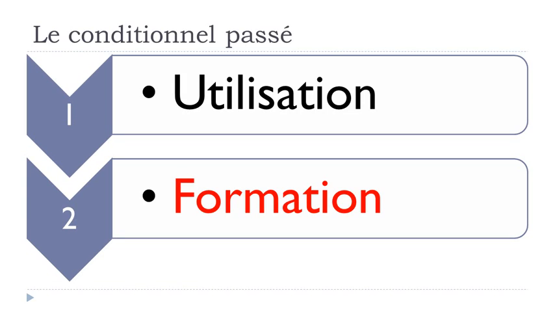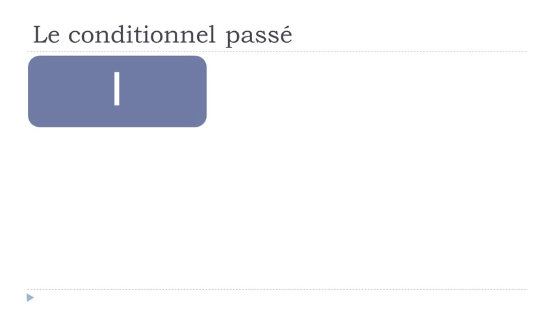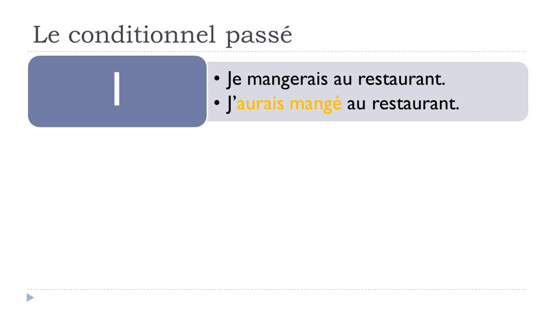Now let's see how we make this conditionnel passé. The first example I wanted to put is je mangerais au restaurant. This sentence, if you remember, we saw when we introduced the conditionnel présent form.